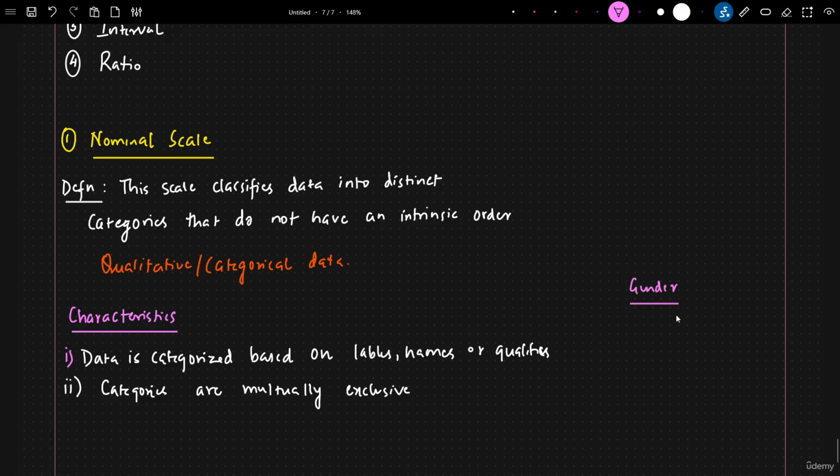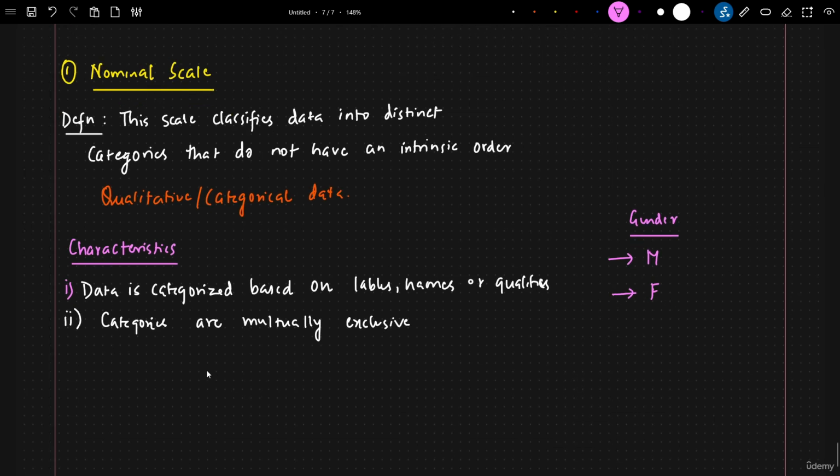In this gender, you can either have male or female in a specific record. You cannot have male and female in the same record, you cannot have two values in the same record. So this is mutually exclusive. From both of these categories, only one value will be present at a time.